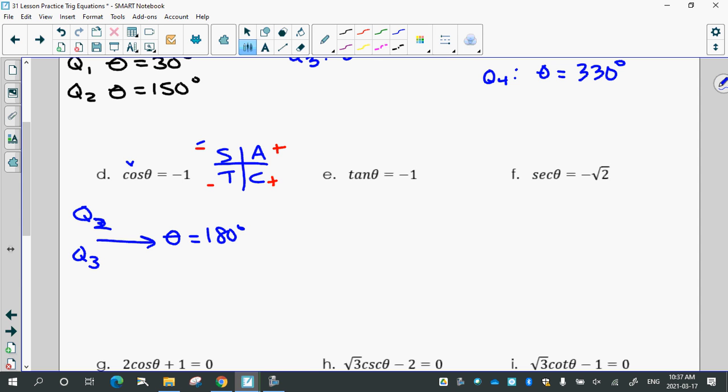All right, tan's a bit different too. You can still use the CAST rule, so tan is positive where all of them are positive and where tan is positive. So there will be a quadrant 2 answer and a quadrant 4 answer. But remember, tan is the y value divided by the x value. So I want to know where the y value divided by the x value is -1 in those 2 quadrants.